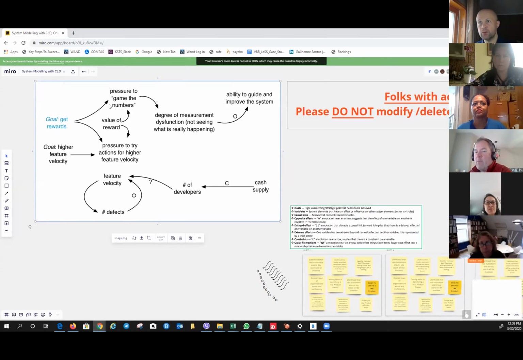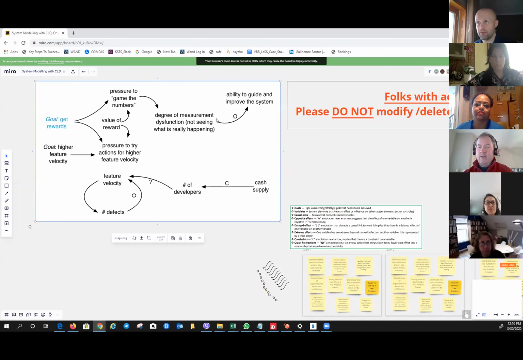It will lead to, and this is the arrow that shows it, creating pressure on people, on teams to gain numbers. This will subsequently lead to the degree of measurement dysfunction growing and not seeing really what's happening in the system. So when one goes up, the other one goes up. It's not the opposite, it's in the same direction. One is high, another one is high. One is low, another one is low.